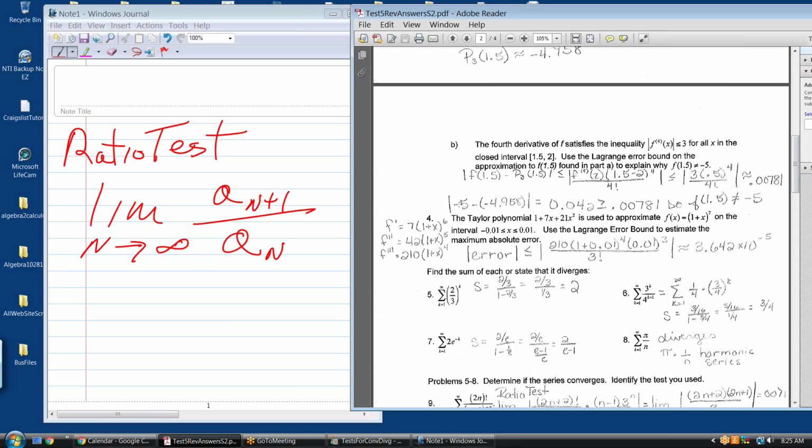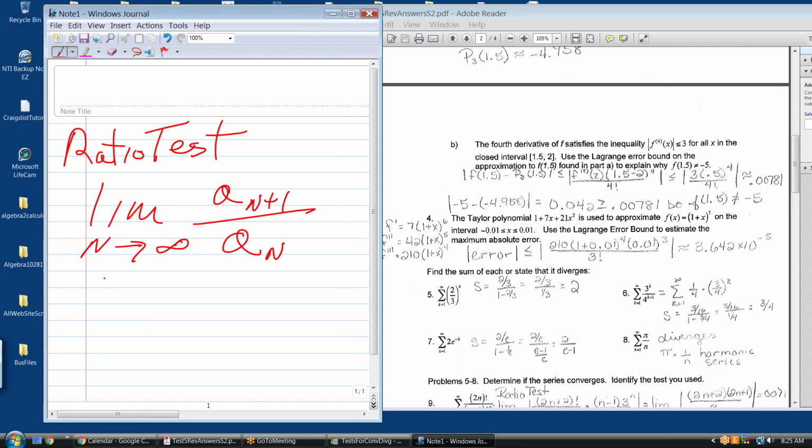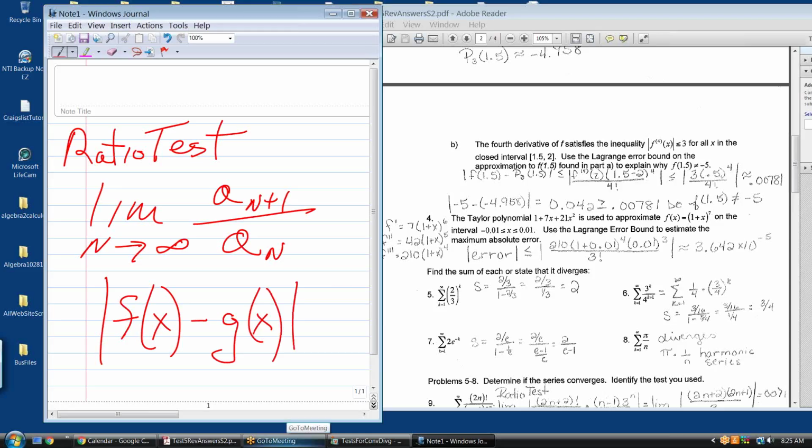But if we assumed that f of 1.5 was -5, in other words, we can always say that the error of any approximation is the complete series minus g of x, which is the Taylor polynomial. In other words, if you want to solve for your error, that's how you do it.